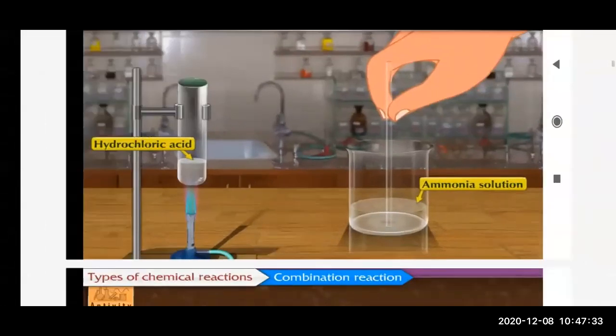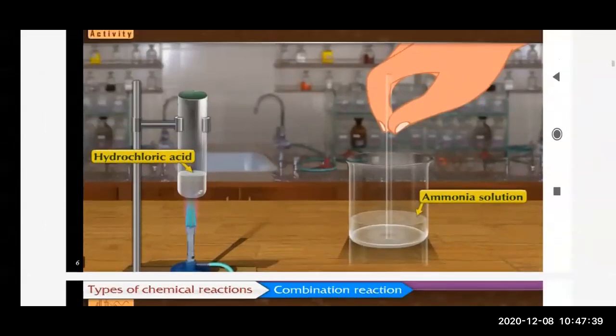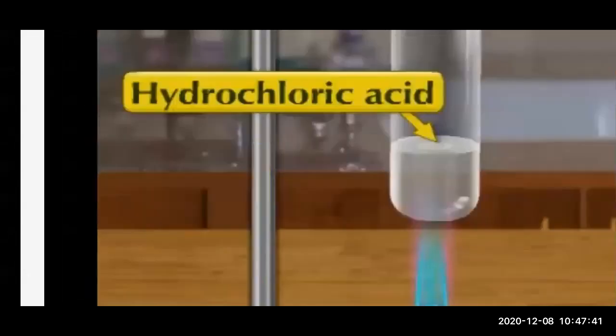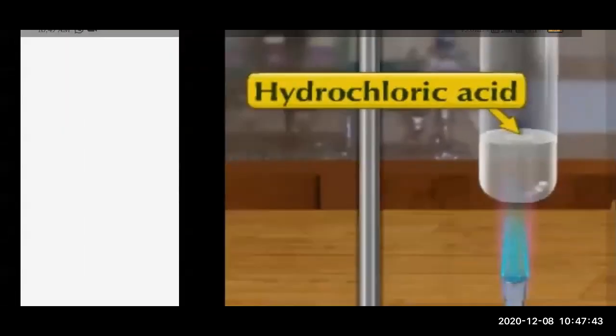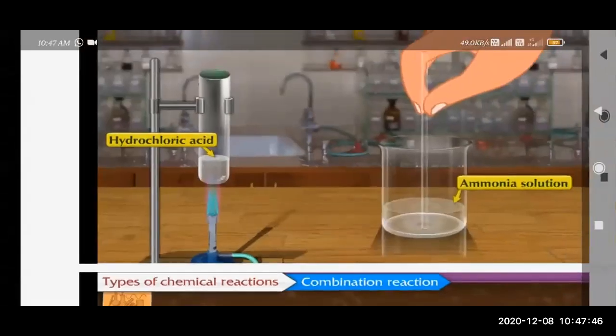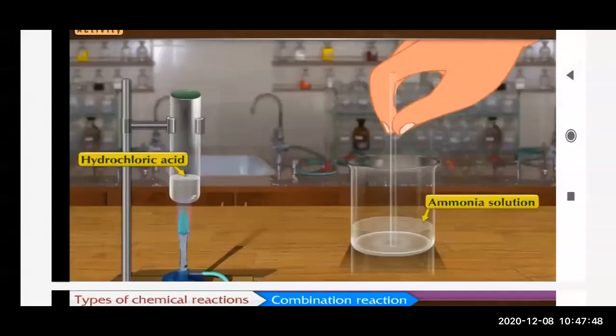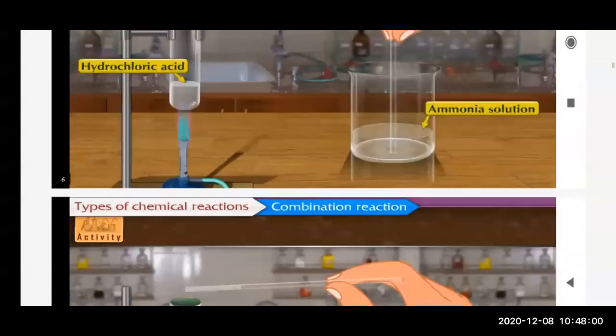Heat the test tube, and dip a glass rod in the ammonia solution and hold it on the top of the test tube. On the right hand side you can see the ammonia solution. So the test tube is heated, and in the test tube there is hydrochloric acid. We are going to hold the glass rod on the top of the test tube.